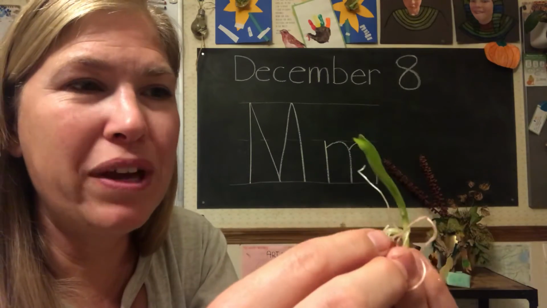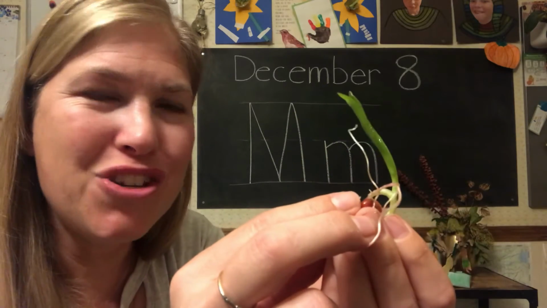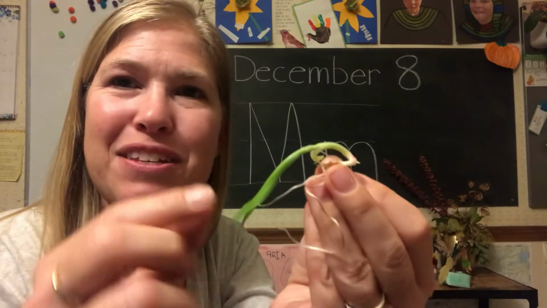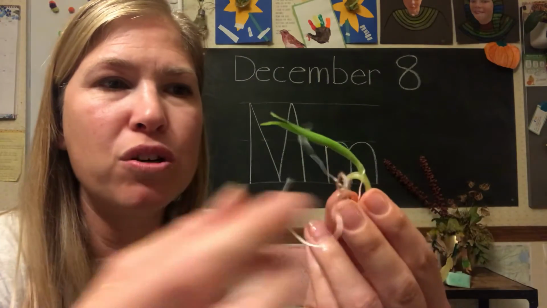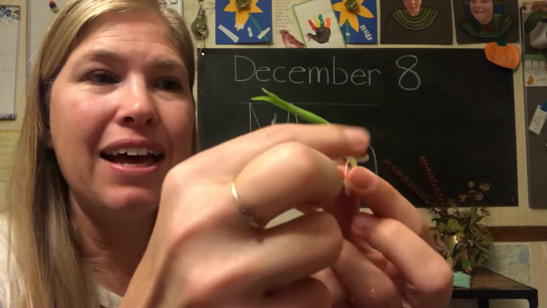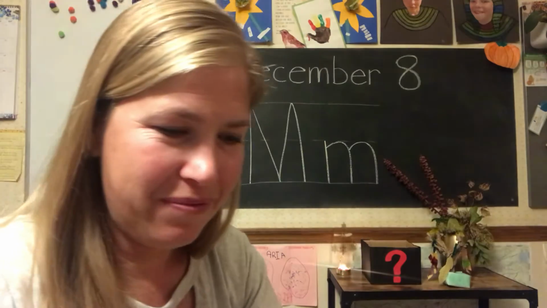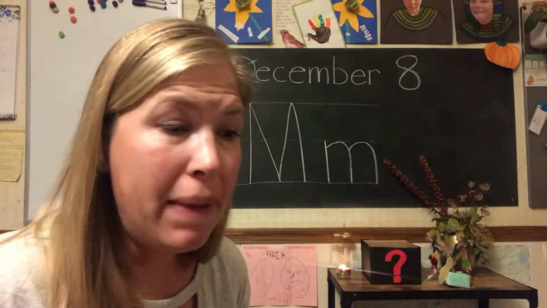And then at some point it must have been up, kept changing for it. But isn't that neat that this is so curved? Because the sprout grows up. And look at these neat roots.